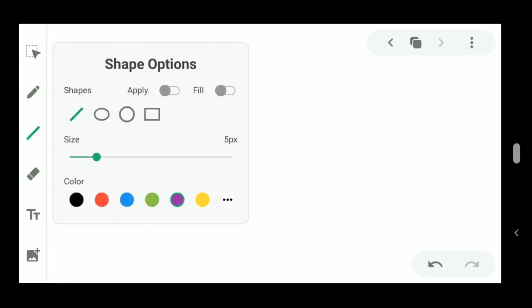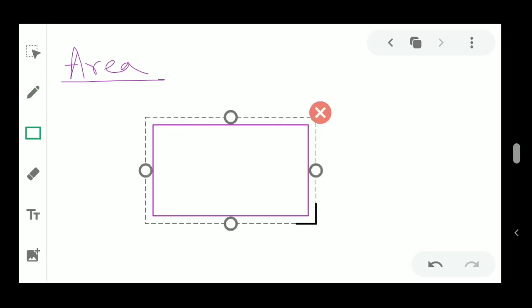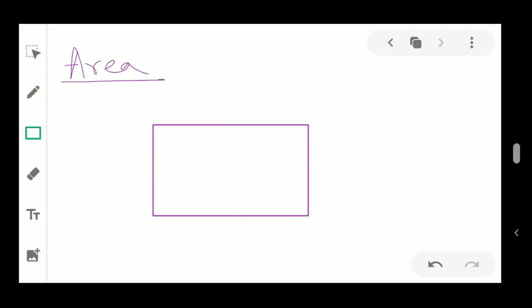Now, what is area? Okay, so we are now discussing about area. So if you have a rectangle like this, and let's say this is my 15 meter and this is my 10 meter.